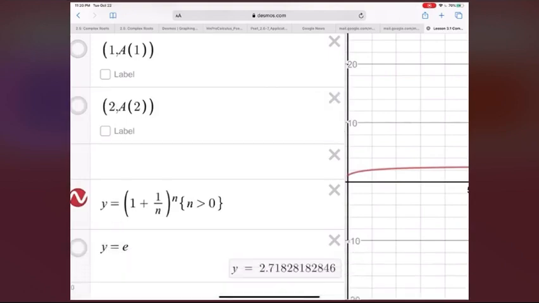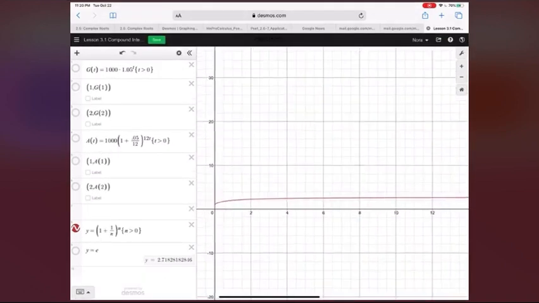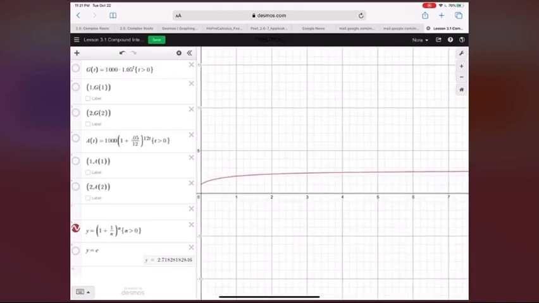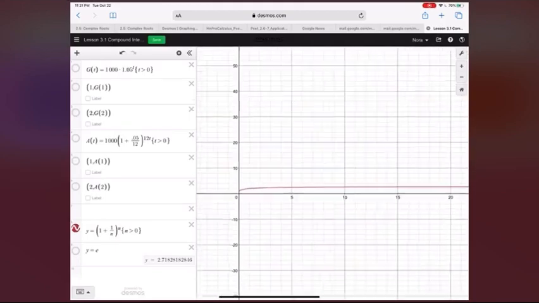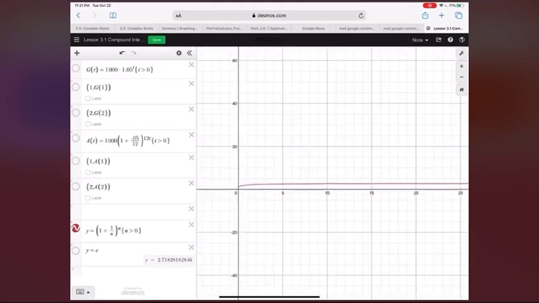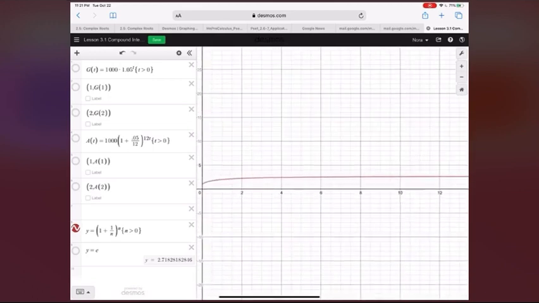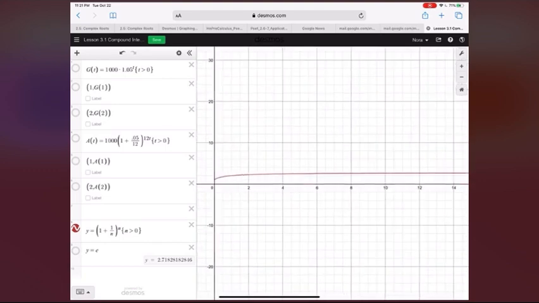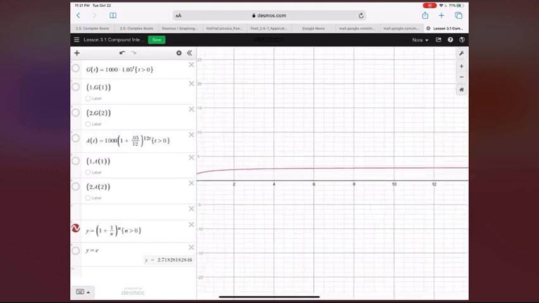Great. So here's the graph. And it looks like it has some kind of horizontal asymptote, because if we zoom way out, we see that it appears to be leveling off.